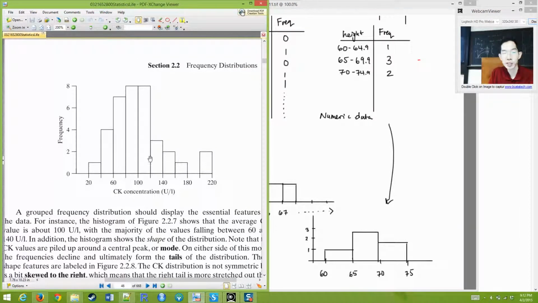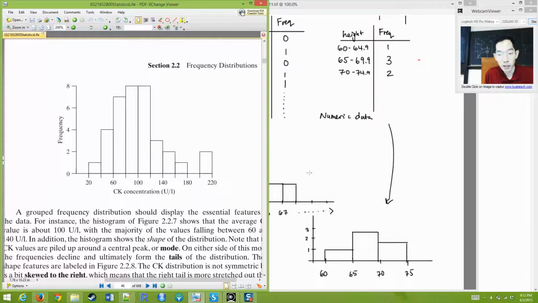So this seems to be kind of like the normal measurement. A lot of people seem to have measurements between 60 and 120, and measurements much higher than that seem not to be as common until you get up to here, and maybe you have 2 people who have rather high measurements compared to everyone else.